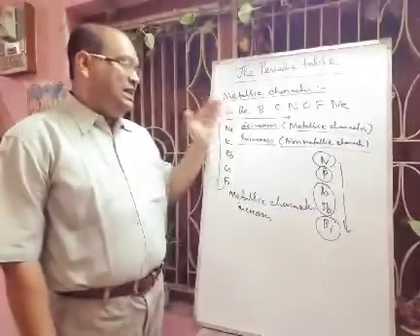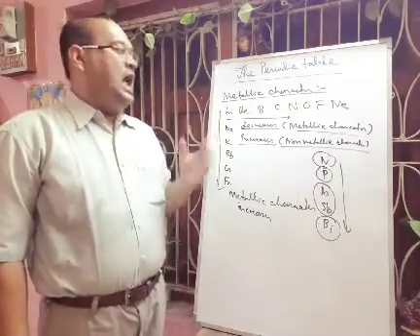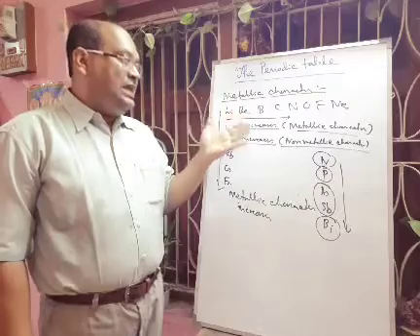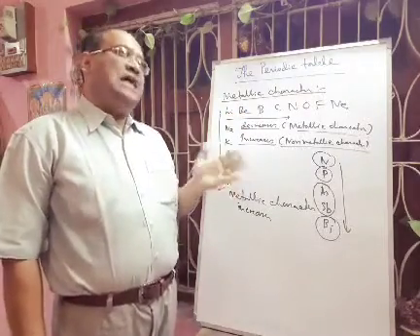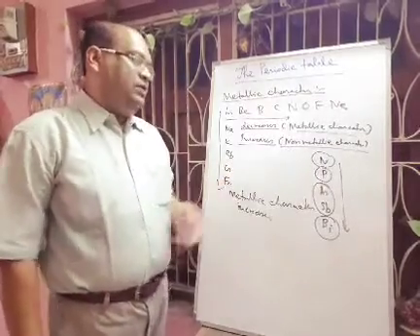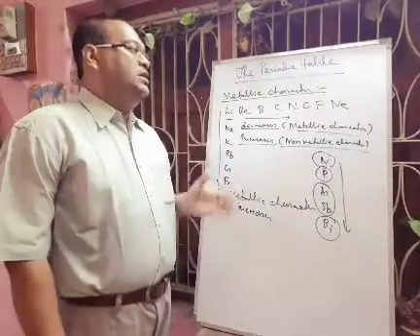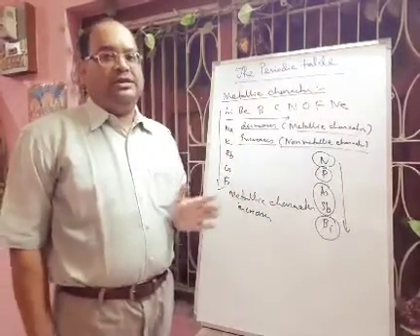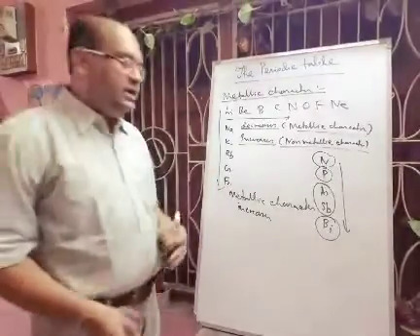Generally, metals form basic oxides, and metalloids, and sometimes aluminium, which is also a metal, form amphoteric oxides. And non-metals form acidic oxides. Hope you can understand. Next, we will discuss another property, that is the properties of elements.